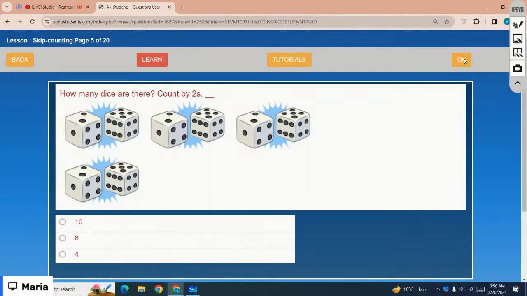How many dice are there? Which is the correct option? You have to count by twos. So which is the correct option?